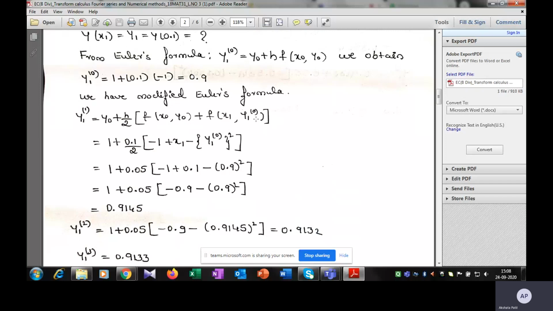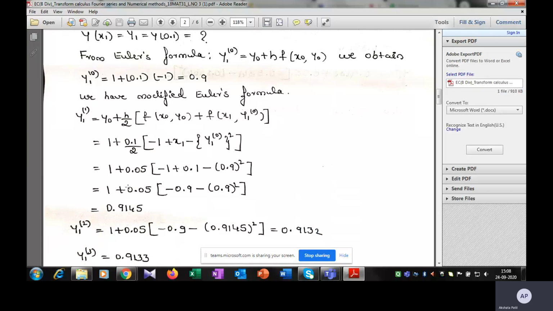So once again put x1 and y1 of initial approximation value in the given differential equation, x minus y square. It means x is considered as x1, minus y is considered as y1 of initial approximation, the square. So here we'll get x1 means 0.1 minus y1 of initial approximation value, that is 0.9, the whole square.